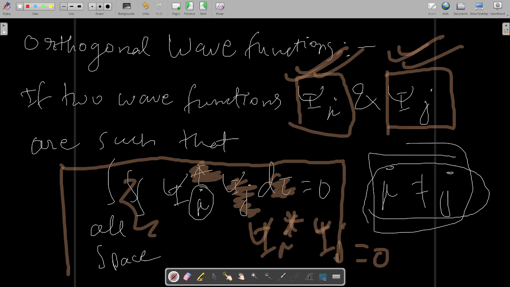Clearly i is not equal to j, so it is quite clear that this is the orthogonality condition, because you are taking the conjugate of a different function. What will happen if i becomes equal to j? Then you will simply put i in place of j, and it will become the normalization condition. It will not remain the orthogonal condition.